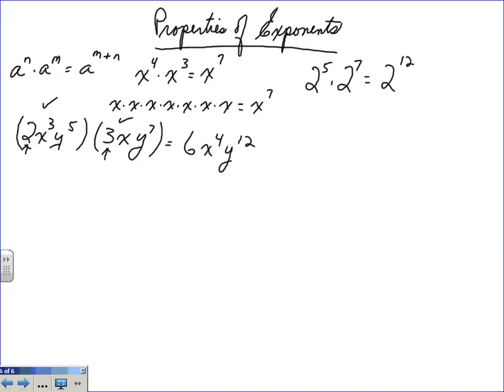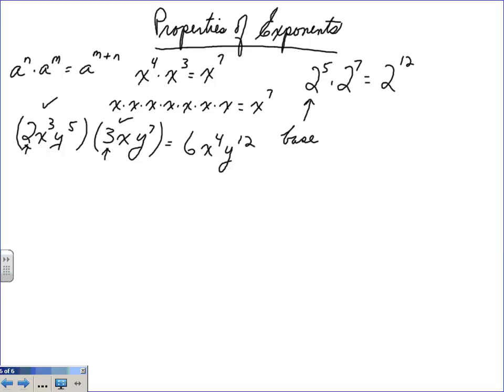We add the exponents. It's not 4 to the 12th, it's 2 to the 12th. The base stays the same. With exponents, we have a base and we have an exponent, and as long as the bases are the same, we add the exponents.